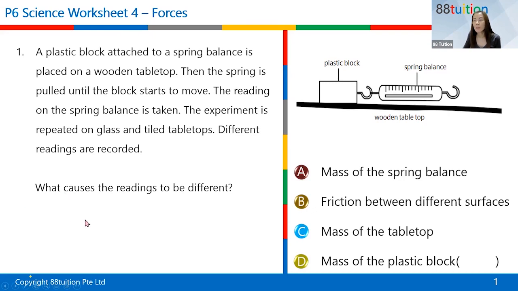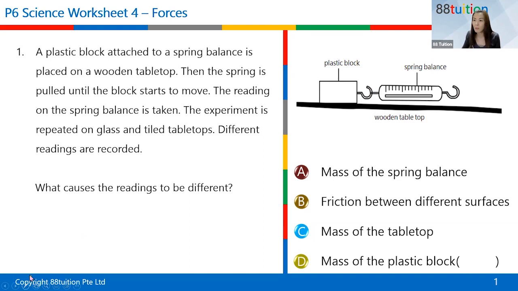Right, so come back to the question now. A plastic block is attached to a spring balance, placed on a wooden tabletop. Then the spring balance is pulled until the block starts to move. The reading on the spring balance is taken.